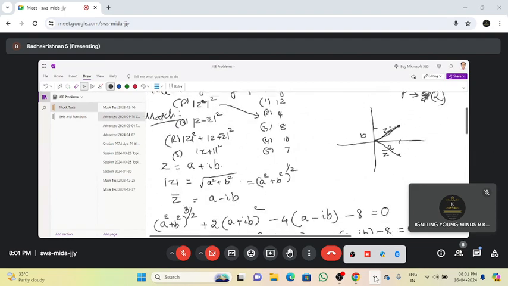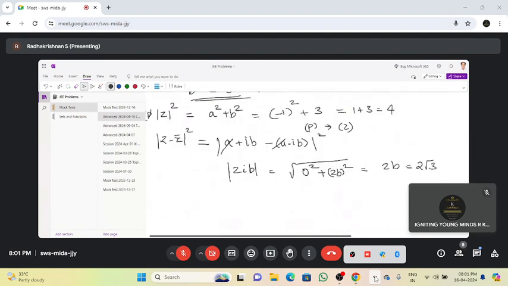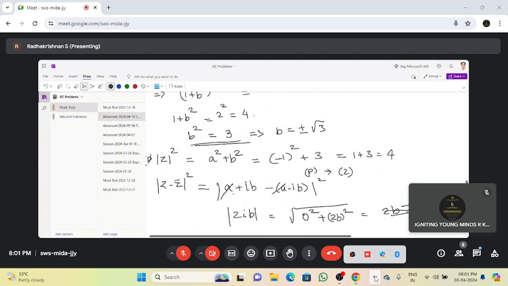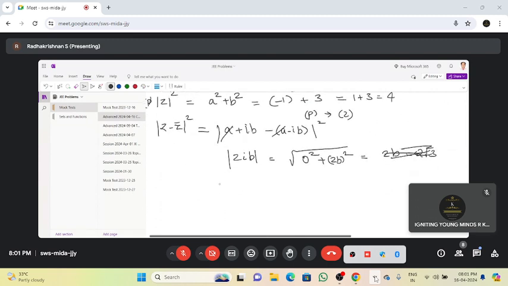So Z minus Z bar whole square, not mod square, right? That means it is simply 2B the whole square. So what did we get for B? B is root 3. Yeah. Okay, 4 into B square, 2B the whole square.